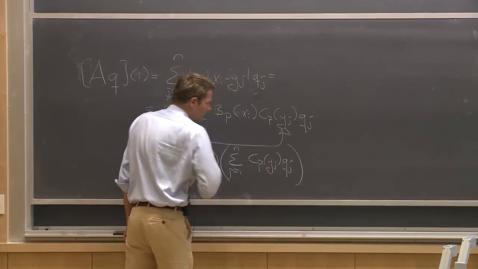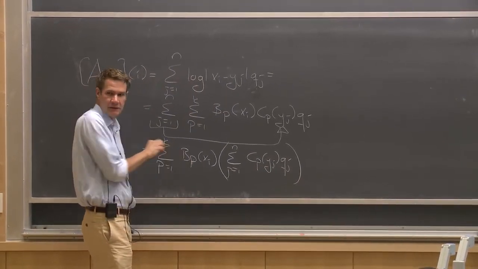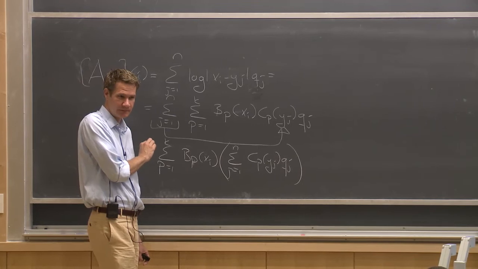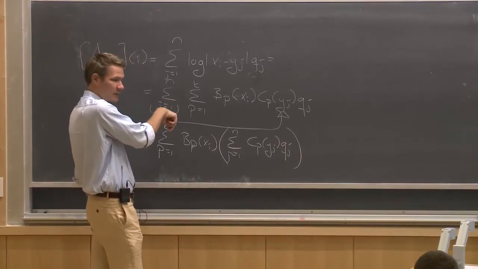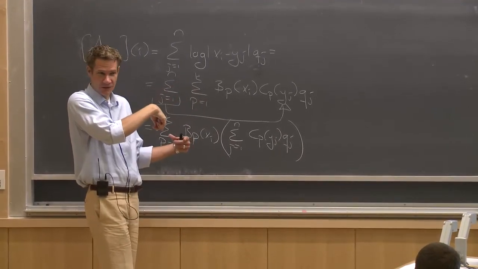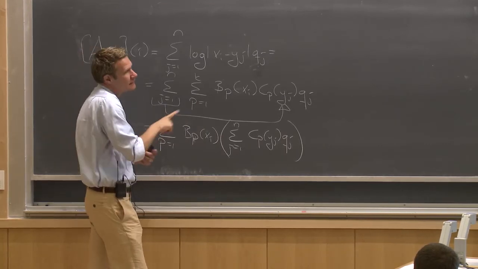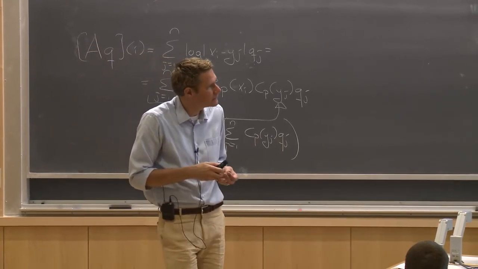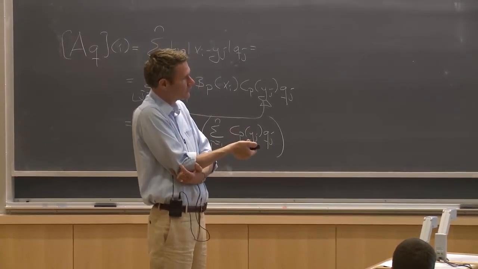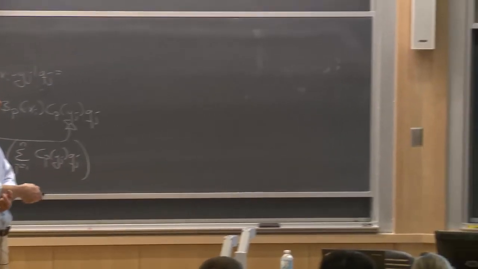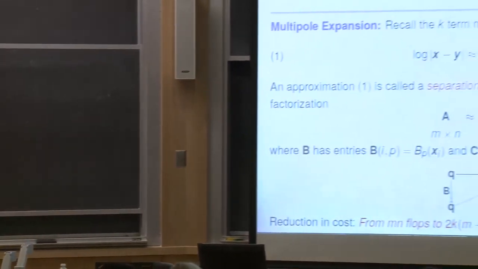So now this here is the pth term in the multipole expansion. And these formulas are precisely the formulas for the matrix-matrix multiply. So A is now expressed as the product of the matrices B and C. And we're often going to find it convenient to write this as commutative diagrams, like so.